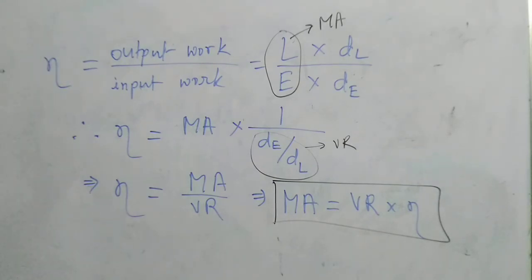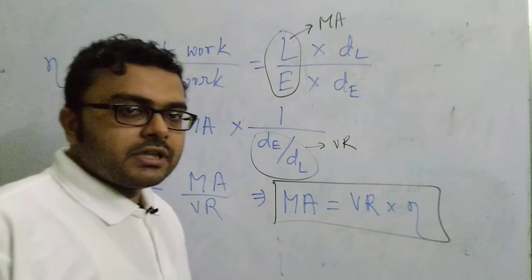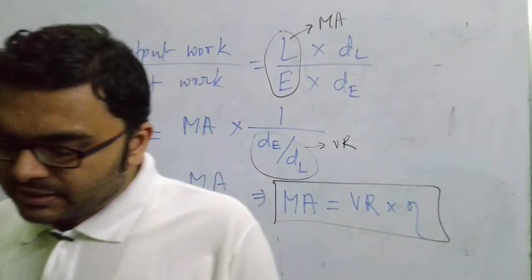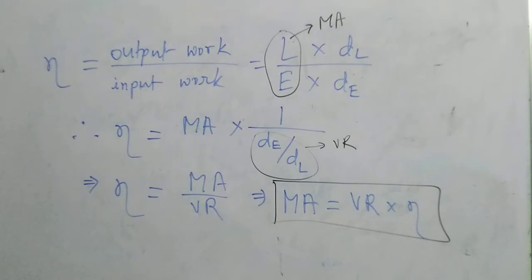Now, you know that efficiency for an ideal machine is considered to be 100%, because the energy that we give as input to the machine, that total energy is always obtained as the output. There is no doubt in it.